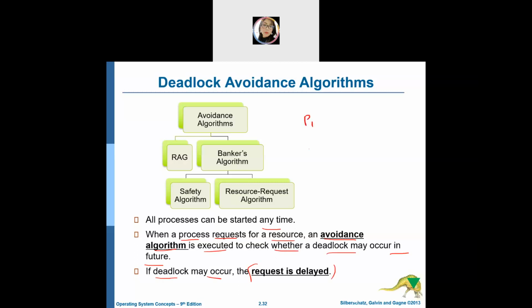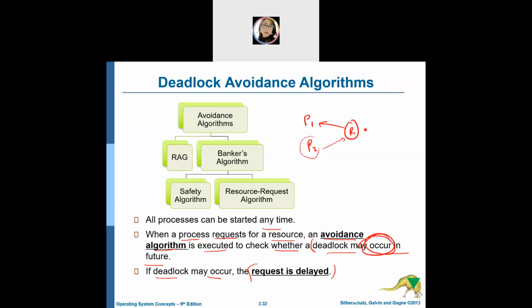Let's say P1, P2. You have only one instance of the resource. If it already belongs to P1, you're going to see there will be a possibility of deadlock to occur if P2 requests.